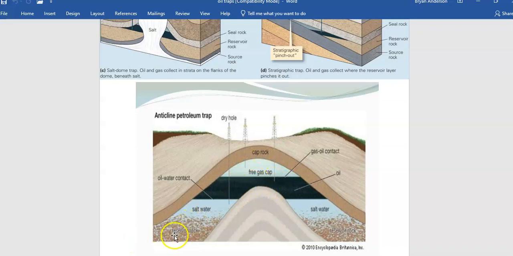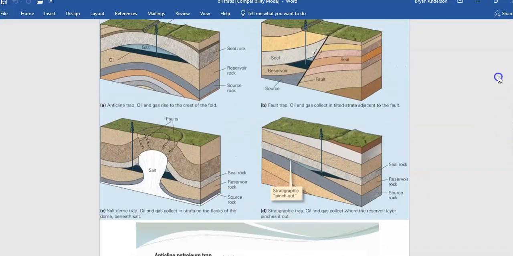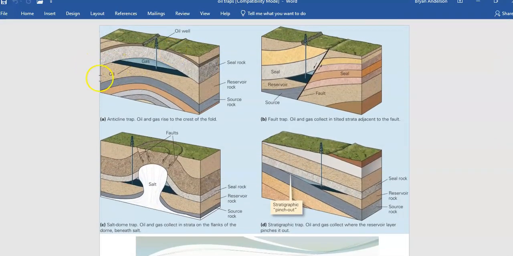So this whole layer called a reservoir rock below it will contribute gas and oil, which will slowly seep to this spot as it is formed. And so that's an anticline-syncline trap. Here you can see that reservoir rock a little bit more distinctly. And that's a wonderful place for oil and gas to be found.